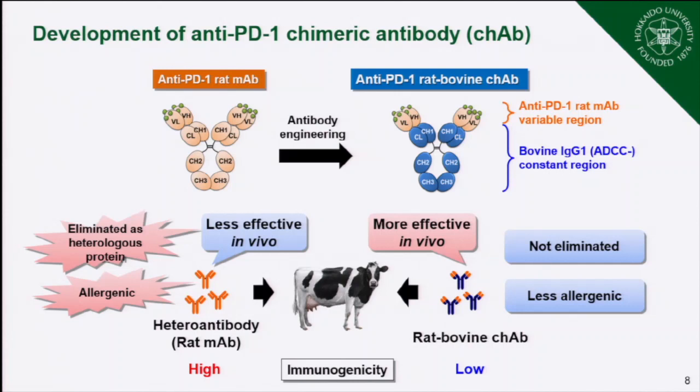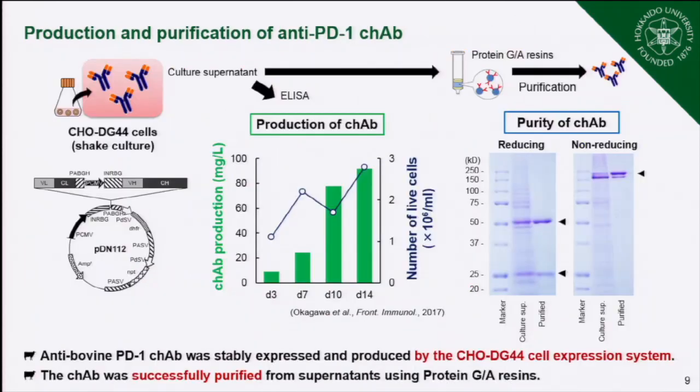And we suspect this antibody is more effective in vivo, because it is not eliminated so easily and should be less immunogenic. So we prepared those antibodies using a mammalian expression system.